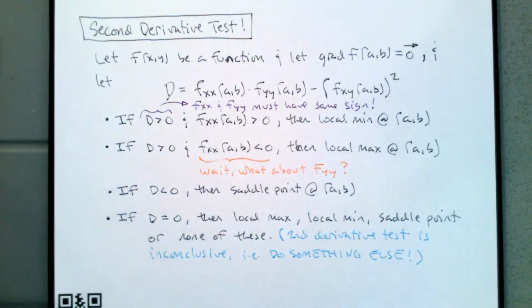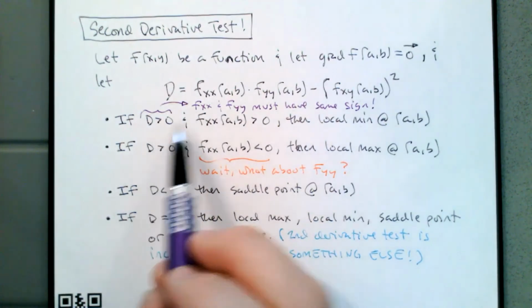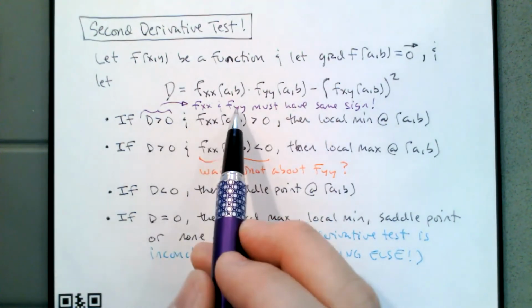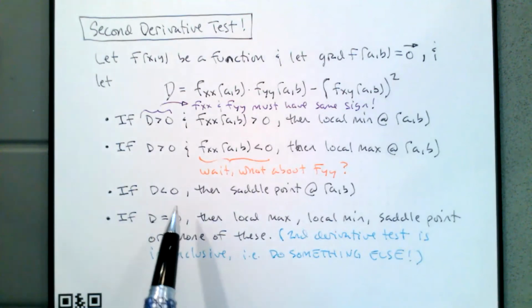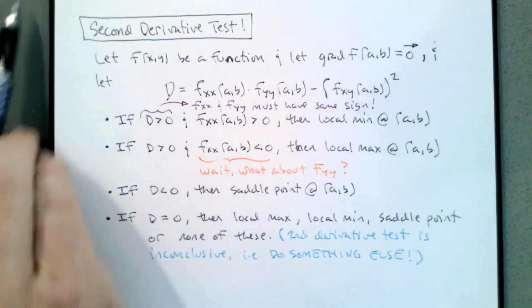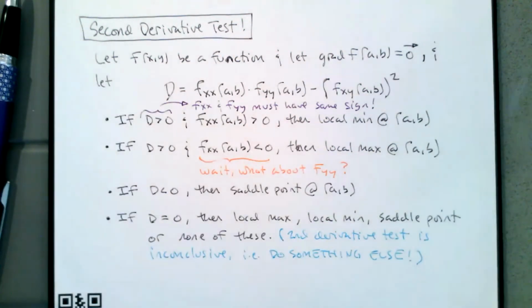So if D is positive, definitely Fxx and Fyy have the same sign. The most likely thing that happens when D is negative is that Fxx and Fyy have different signs.